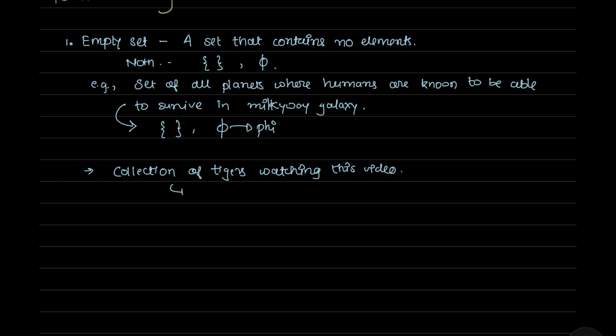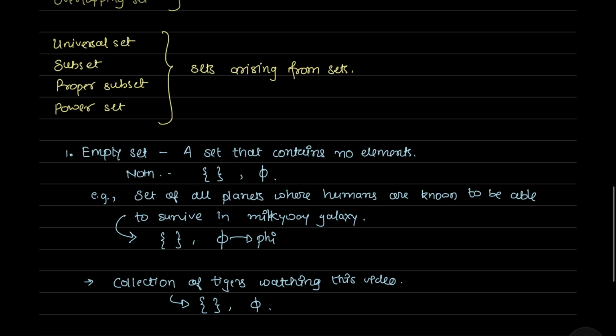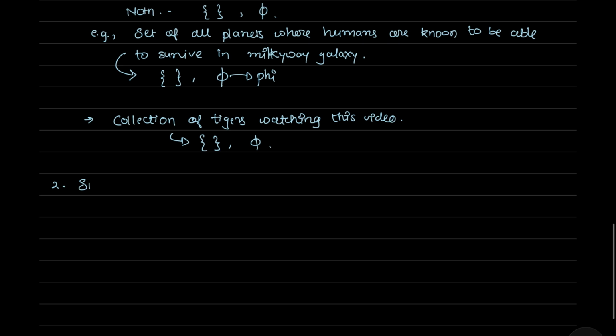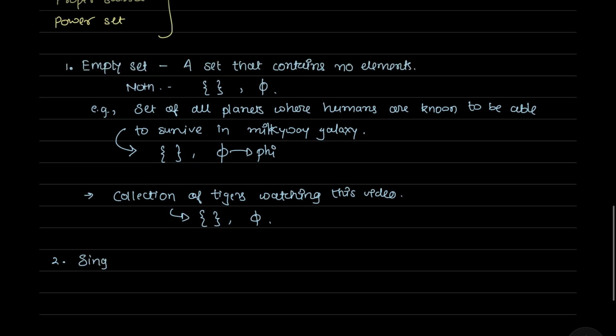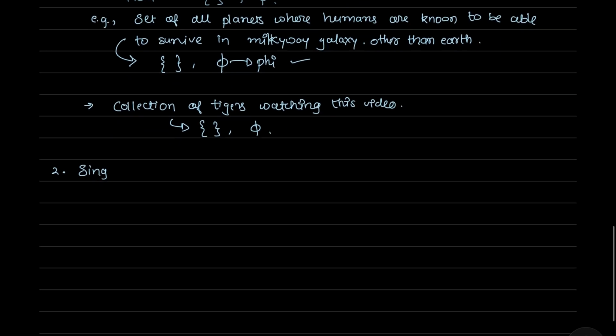So again, this set will be an empty set or phi. Okay, one correction. In Milky Way galaxy, we have to say other than Earth, because Earth is a planet in Milky Way galaxy where we can survive. Then only it will become phi.